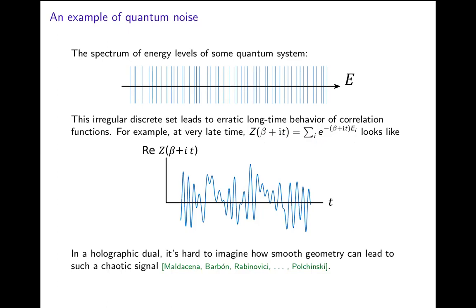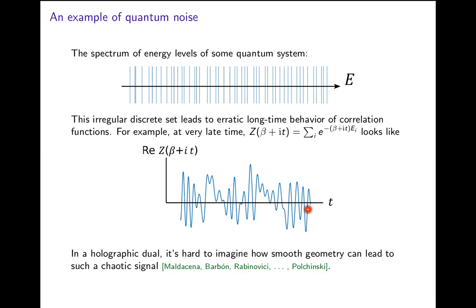If you just plot it, here I took a huge set of energy eigenvalues, of which this was a small piece, and I plotted the real part of this function for some late time. So I took a very large time and zoomed in on the function at some particular place. And it looks like this. It's some kind of interesting, erratic looking function.